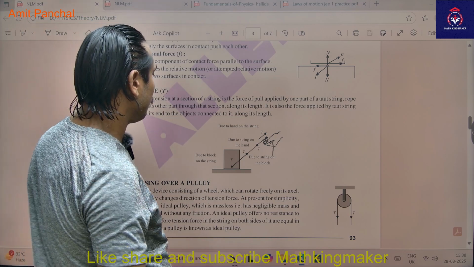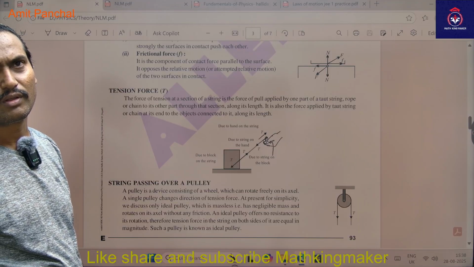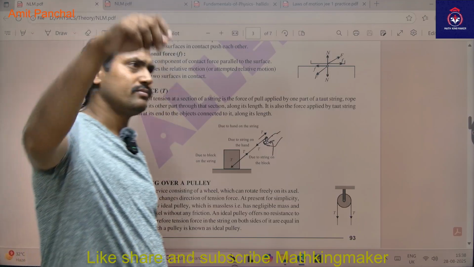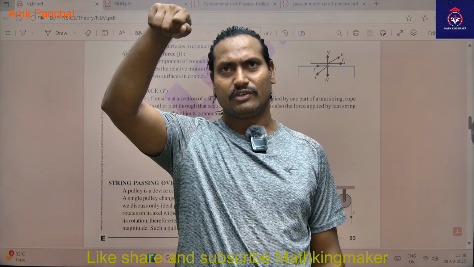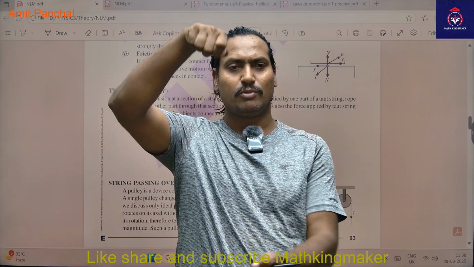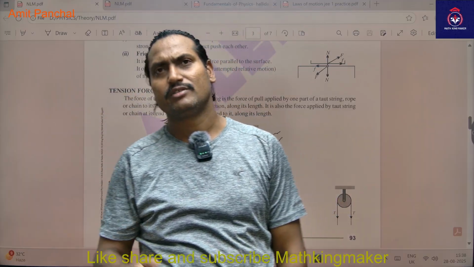Is tension a kind of contact force? No, it's not. If you have a ball attached with a string, is that ball in contact with any surface? No. That's why it is not a contact force.